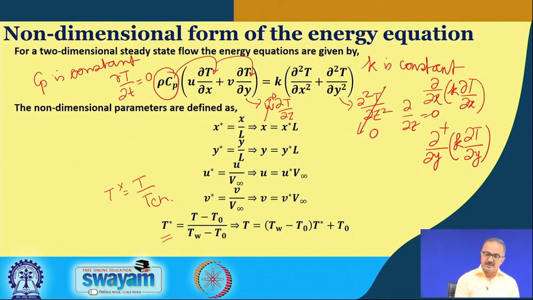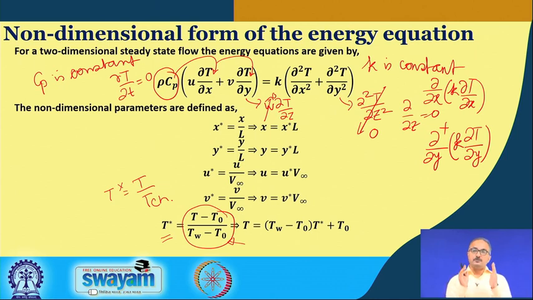In that case we can define it like this, but understand that this temperature need not always be normalized. To normalize it, we have to make sure that the temperature lies between T0 and Tw.